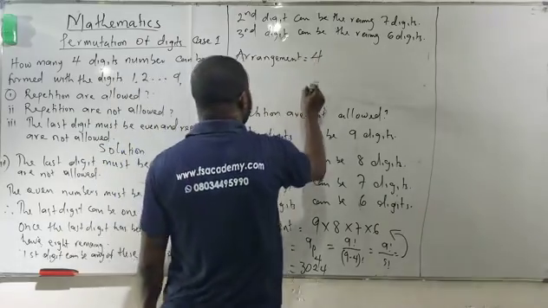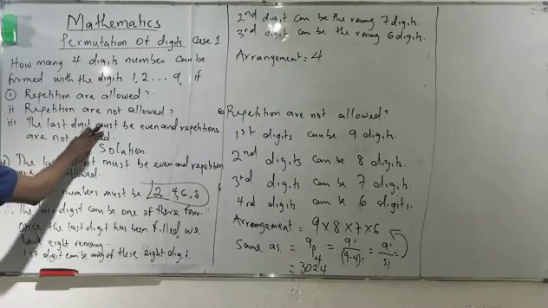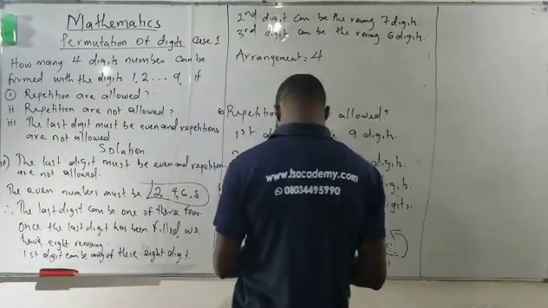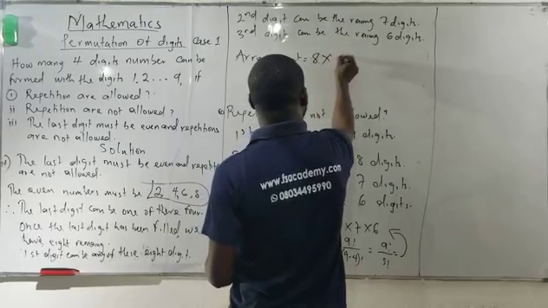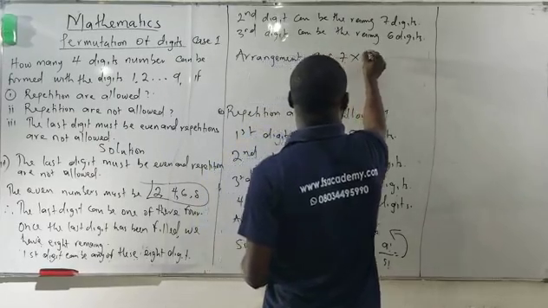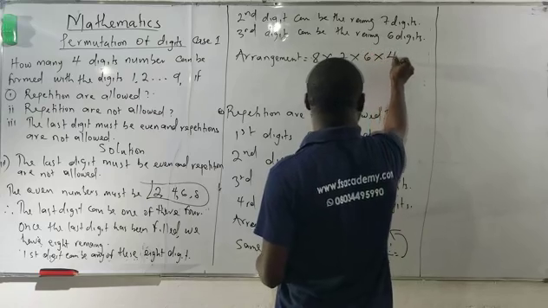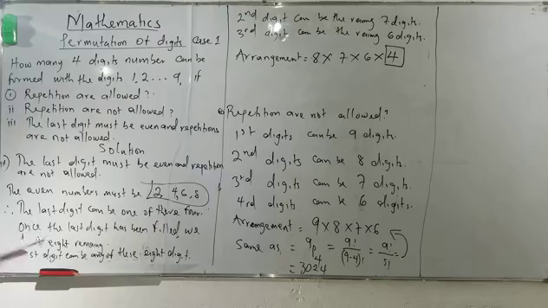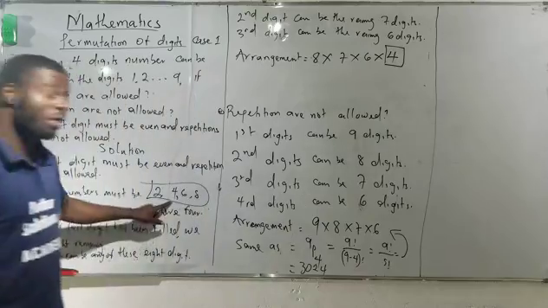We have 4, which will be first. If the last digit must be even, let me do it this way: 8 multiplied by 7 multiplied by 6 multiplied by 4. That is the last digit, which is going to be 4, because we are taking from these 4. The question says the last digit must be even, so you have only 4 evens to pick.